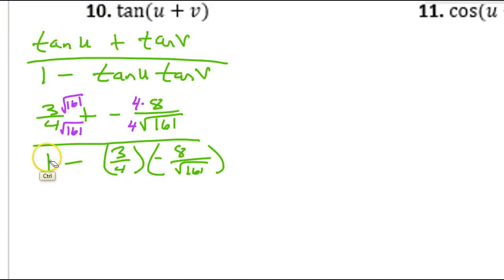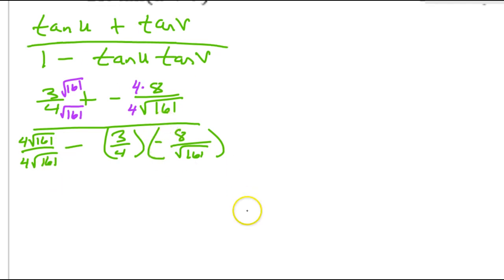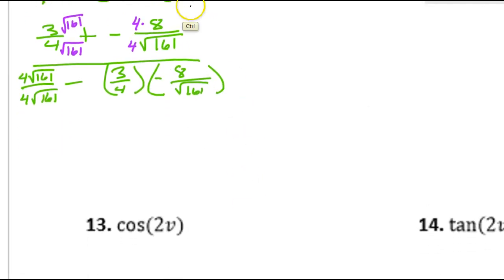So I'm going to use the magical power of the number 1, and I can write it as anything over itself. So since the denominator is 4 radical 161, I will just rewrite the number 1 as that over itself. So now everybody has like denominators, so won't that be just great?